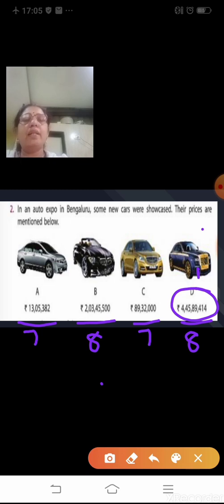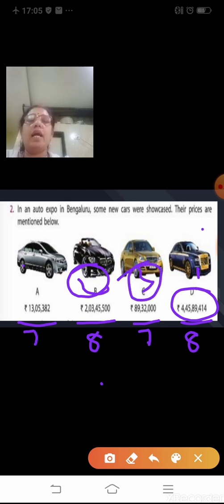Now after that, the second highest value is of car B, so this you will write it second. And from the two 7-digit numbers, that is the car C is 89 lakhs, so that you will write it as number 3, and the last you will write it as 13 lakh, that is number 4.